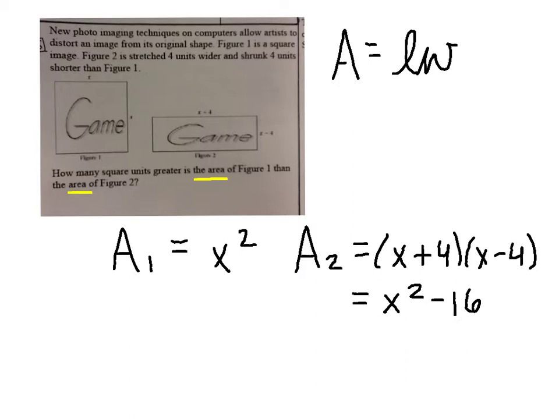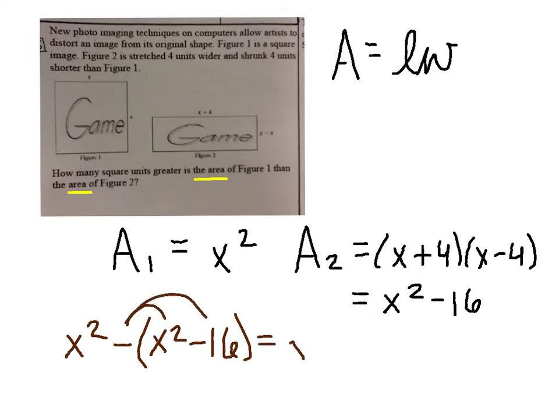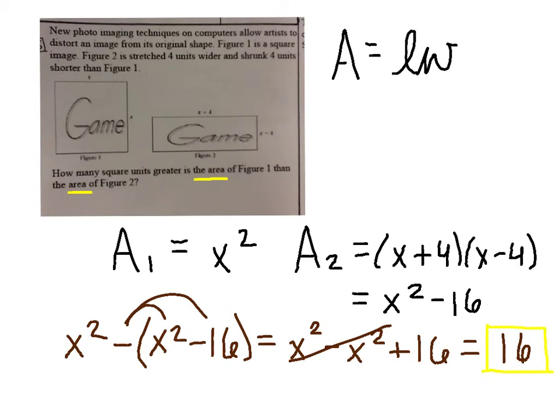So if I take the area of Figure 1, which is x squared, and I subtract the area of Figure 2, x squared minus 16, we distribute that negative, and we end up getting x squared minus x squared plus 16. That cancels out to get us 16. So our final answer is that the area of Figure 1 is 16 units bigger than the area of Figure 2.